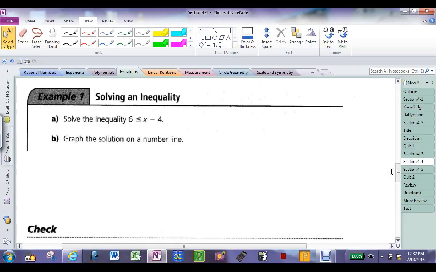All right. So you have just been given the tools you need to solve an inequality. Except you will notice this inequality only consists of adding and subtracting.